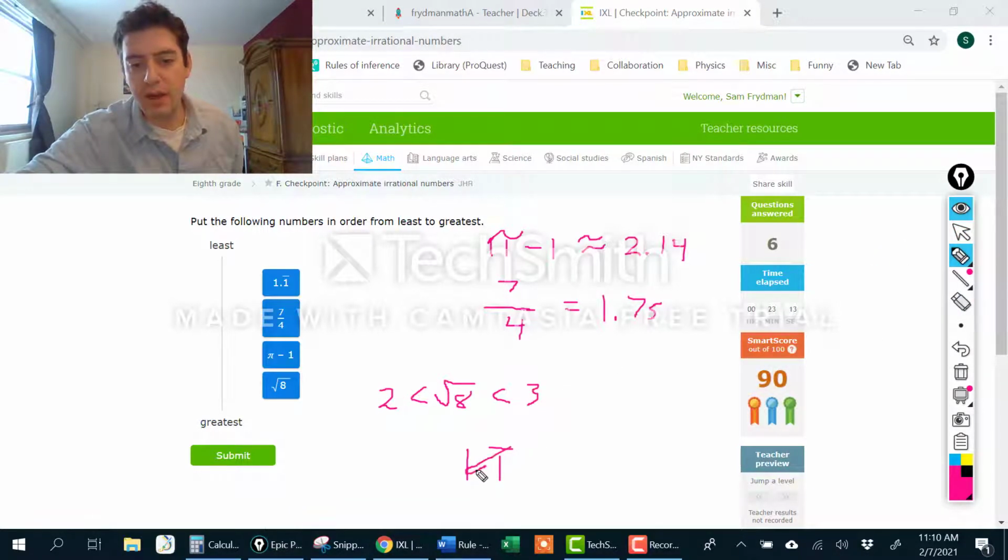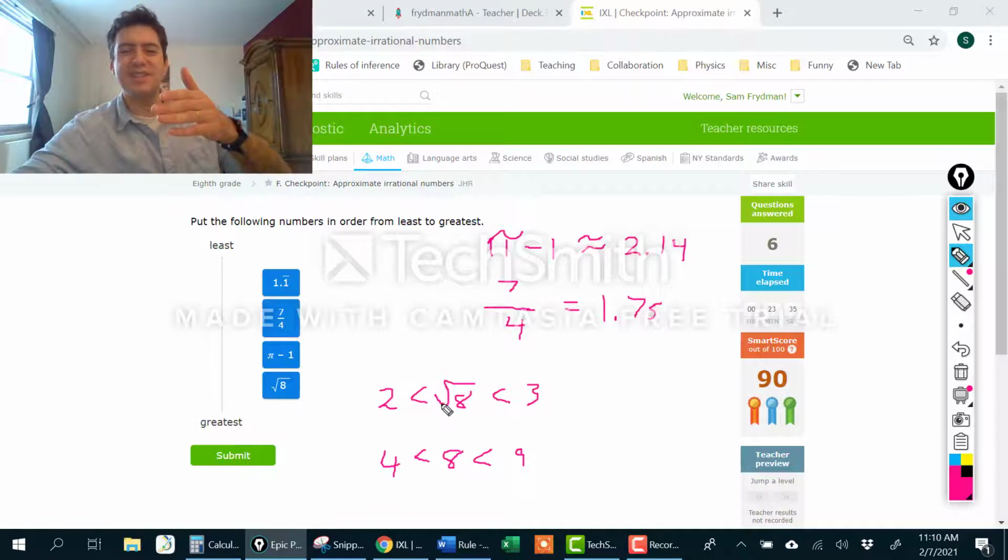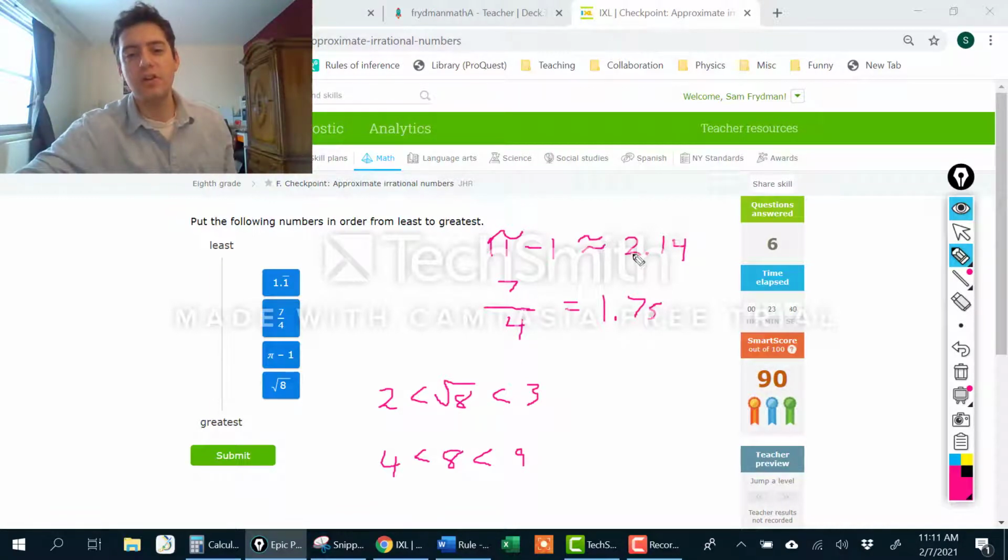How did we get that? We got that because we said 8 was between 9 and 4, and if I have to decide between 4 and 9, 8 is much closer to 9, right? So the square root of 8 should be closer to 3 than it is to 2, which means it's 2 point some relatively high number after the decimal, as opposed to 2.1, which is pretty low.